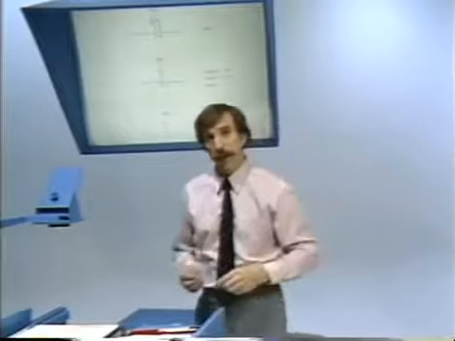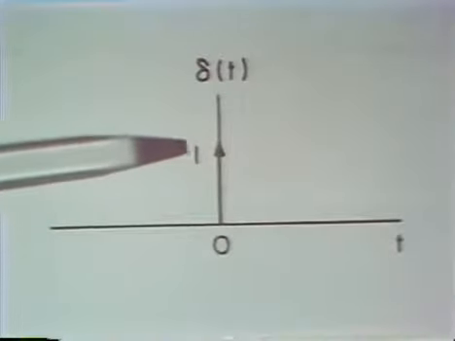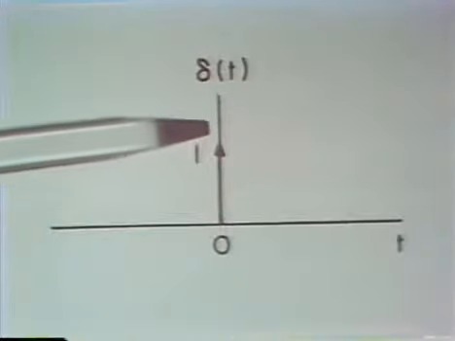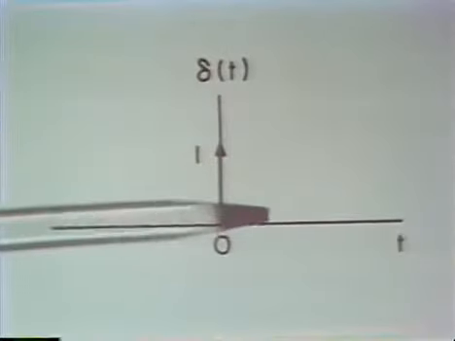And graphically, we choose to depict that as an arrow, where the arrow indicates the fact that we have an impulse occurring at t equals 0, and the height of the impulse is used to represent what the area of the impulse is.